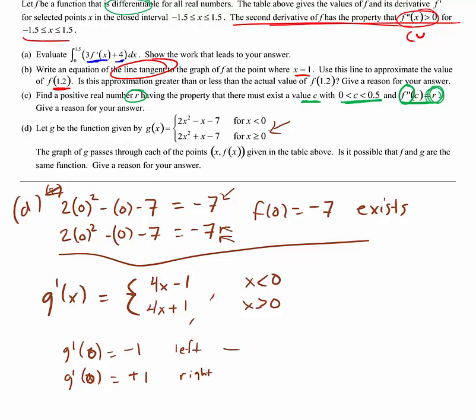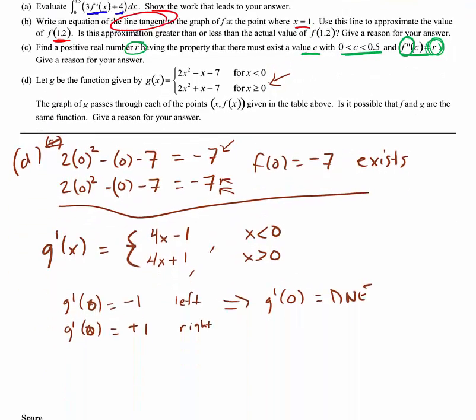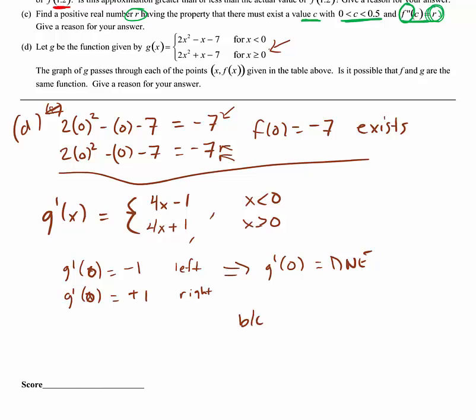So what that's telling us is g prime of 0 does not exist. However, this said it's differentiable for all real numbers. So that means because f prime of x exists for all real numbers, f of x can't be g.